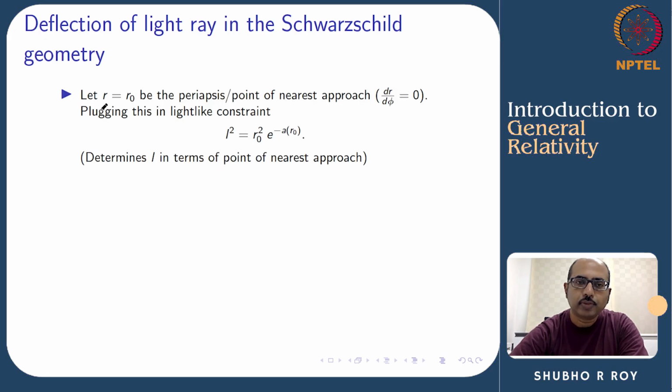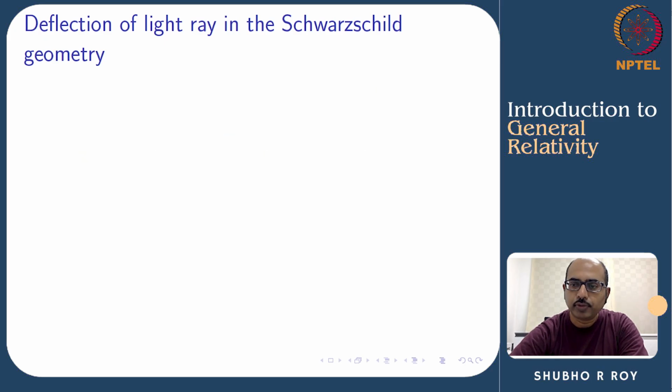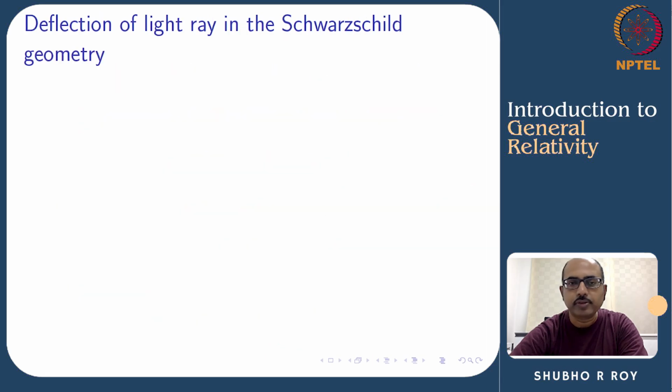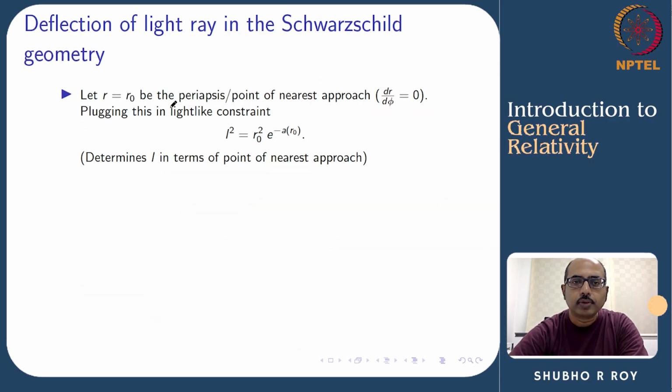Now let's consider the point r equals r0. Let me refer to this diagram here. So this distance is r0. This is the point of closest approach, or what we call the periapsis. So r0 will be the periapsis, the point of nearest approach. At the point of nearest approach, because r is the minimum, dr d phi will be 0.